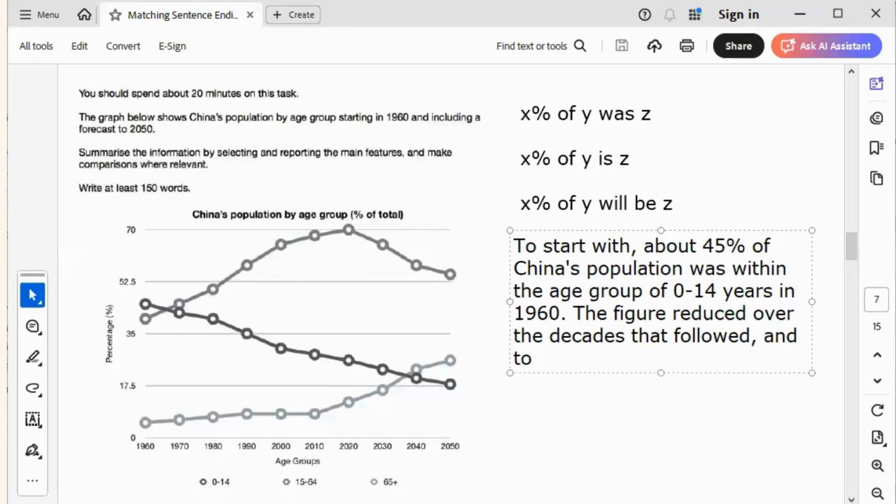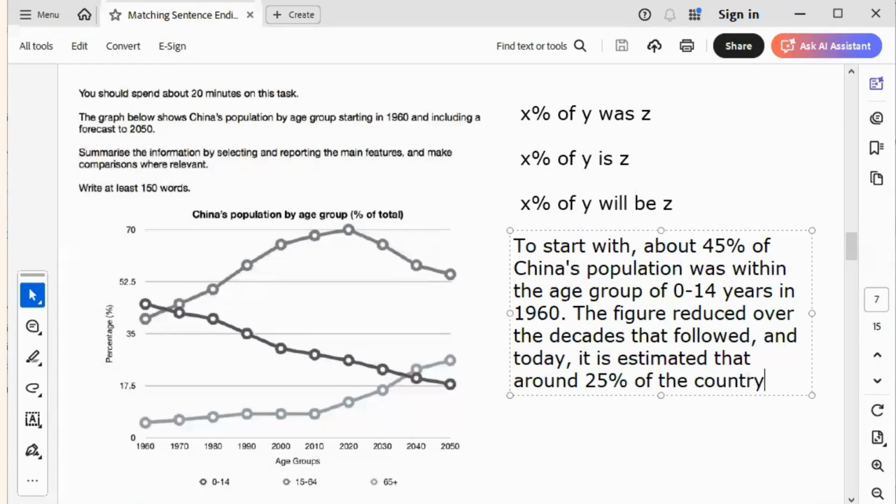And today, it is estimated that around, what figure should we pick for today? This is going to be above 17.5. Let's say maybe 24 or 25. That around 25% of the country's population are aged 0 to 14 years.